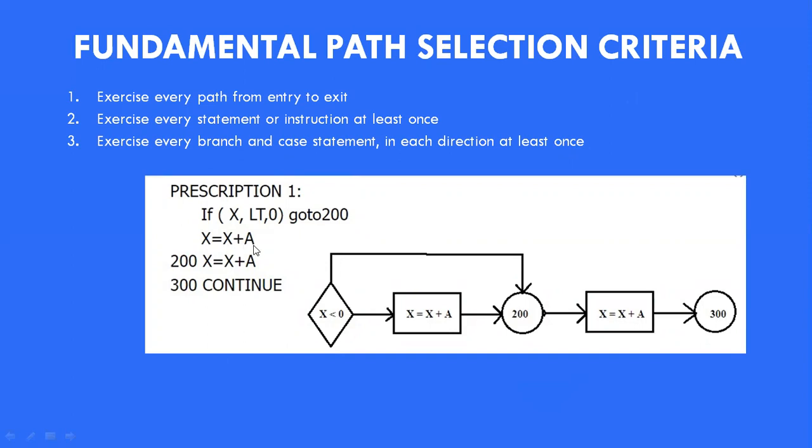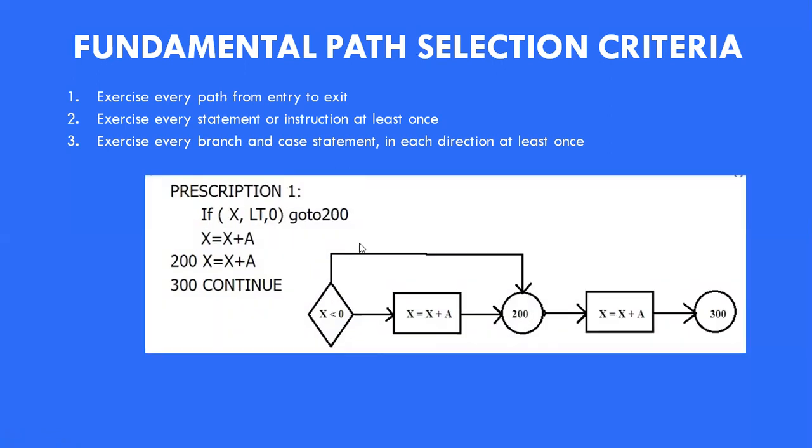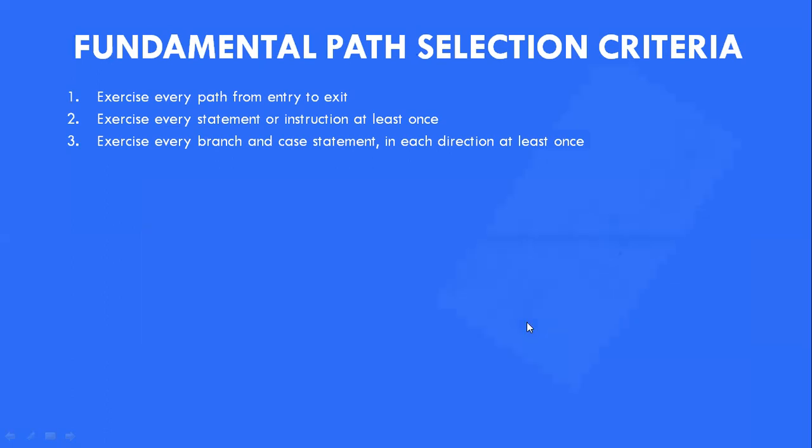Else we do x equals x plus a, and at label 200 we continue after this particular statement. So if the condition is true, we go to 200. Else, if the condition is false, we calculate x equals x plus a, then we go to 200. So this is perception 1.